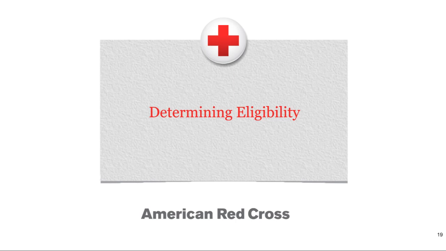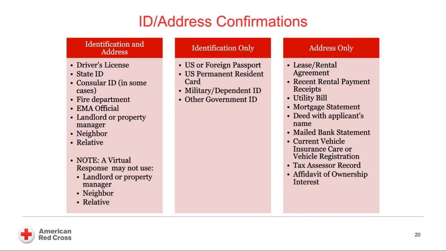For some applications or case records, the primary client may need to provide documentation such as proof of identity or address or both. In these incidents, the review of documents is done with in-person DAT responders or virtually within the region. Next slide, please.